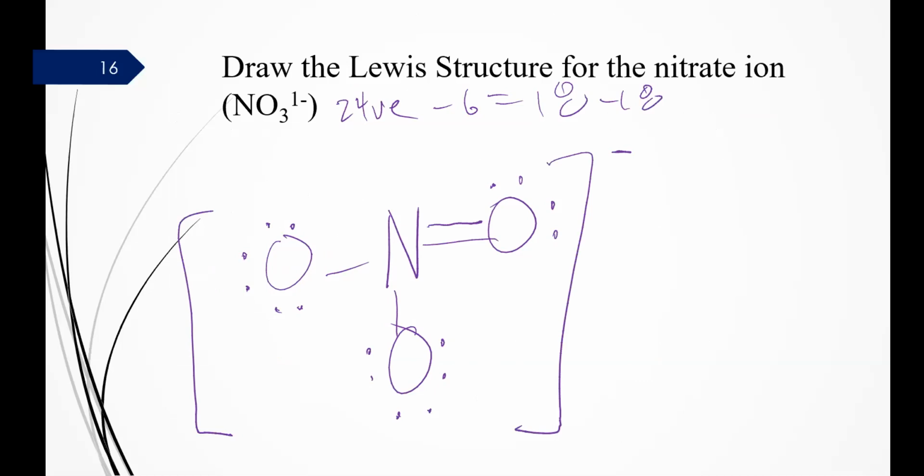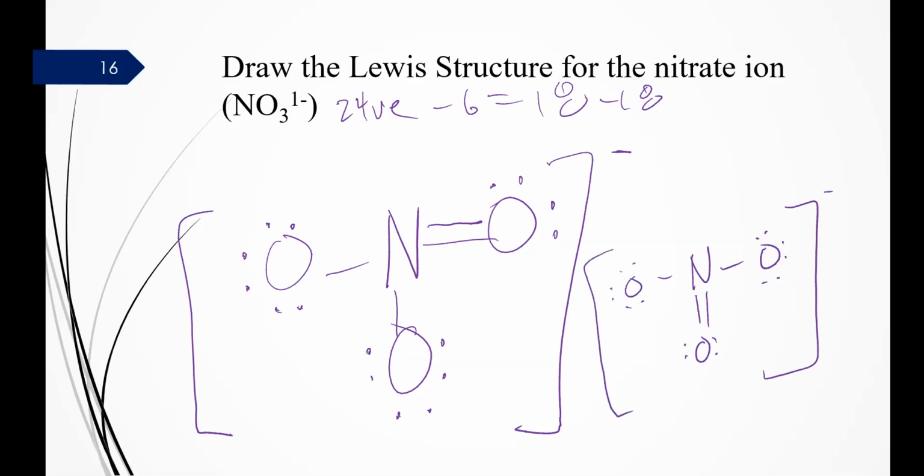But you might have drawn another one. It might have looked like this. And if we look at our formal charges, what we're seeing is that our nitrogen is positive because it should have 5 valence electrons.